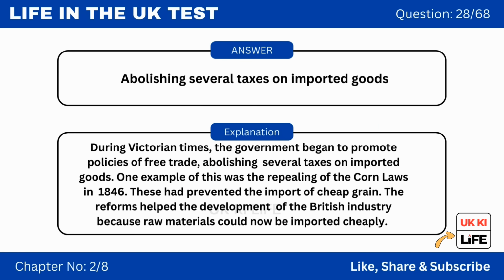During Victorian times, the government began to promote policies of free trade, abolishing several taxes on imported goods. One example of this was the repealing of the Corn Laws in 1846. These had prevented the import of cheap grain. The reforms helped the development of the British industry because raw materials could now be imported cheaply.